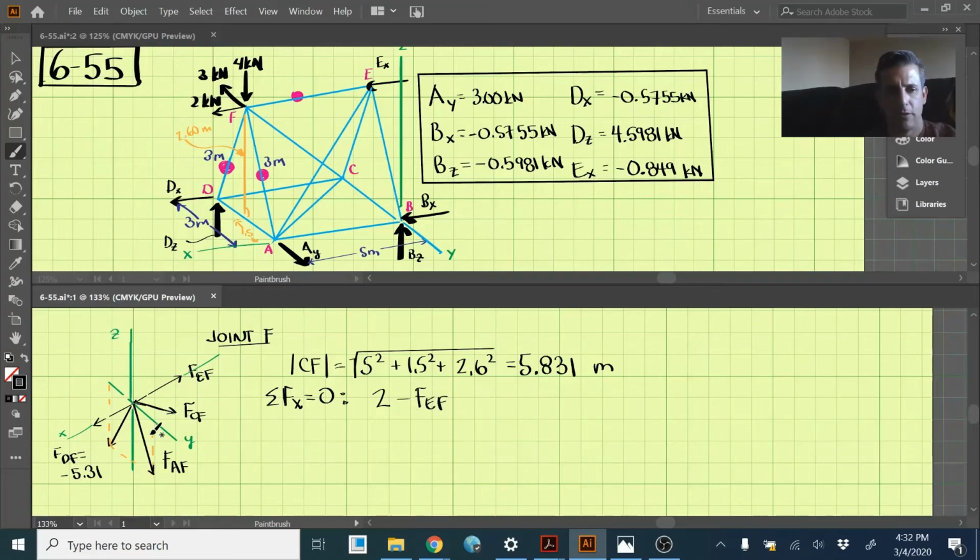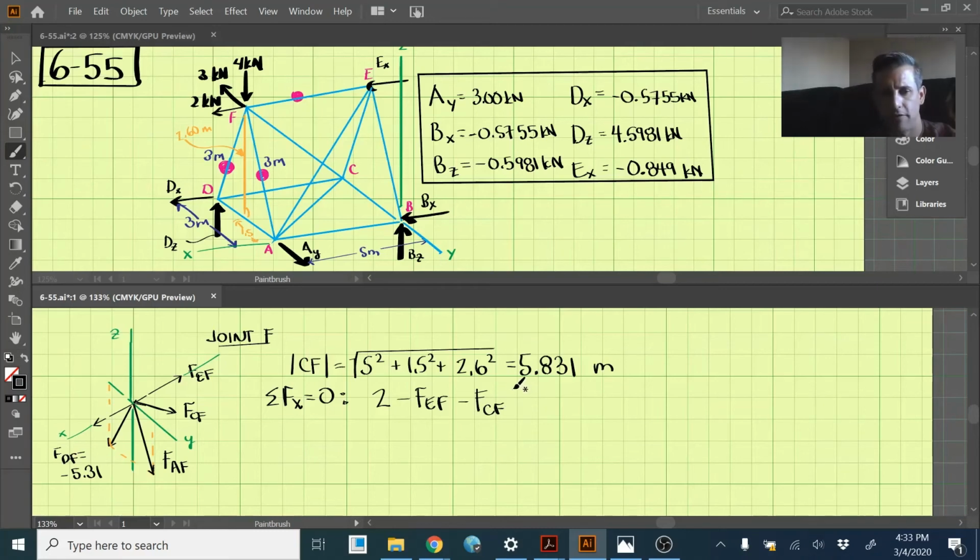FDF and FAF have no components in the X direction, so we can exclude those. But we need to include FCF here, and it's pointed more so in the negative X direction, so we have negative FCF here.